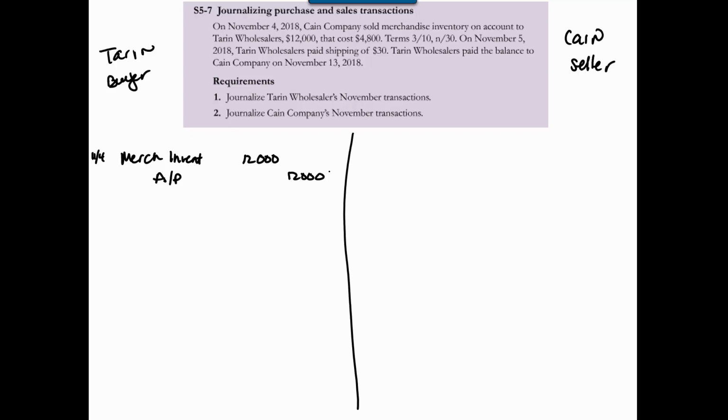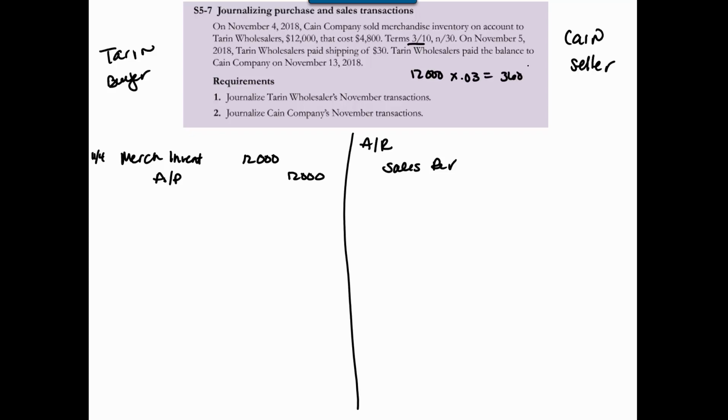The seller, we know he's going to debit accounts receivable and credit sales revenue, but this one there is a 3% discount, and so they have to assume they're going to take that discount. So $12,000 times 3% means the discount's going to be $360.